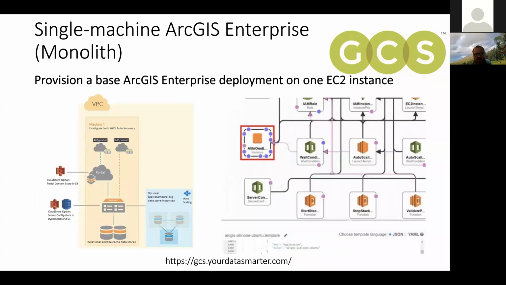And this is an example of the most basic AWS ArcGIS CloudFormation template. So it builds all this infrastructure out. It's not only just the server, but it's also the networking and the certificates and everything that needs to get installed and deployed for an ArcGIS Enterprise deployment in the cloud.